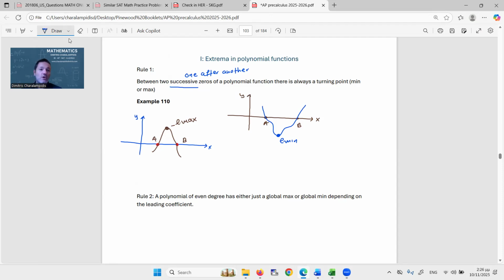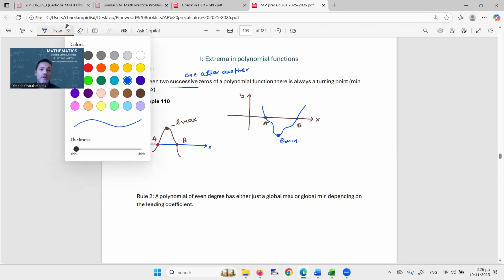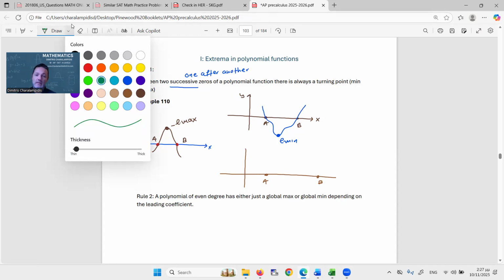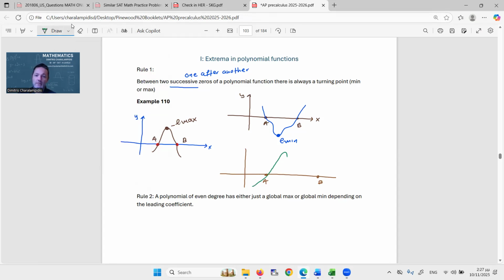This means that as long as the graph is a continuous one, which in simple words means that we will draw it without raising our pen, then that graph should definitely turn direction at least one point. And be careful, this theorem is about the existence of at least one such point. For instance, if we have these two points, A and B, it might be the case that the graph goes like this.